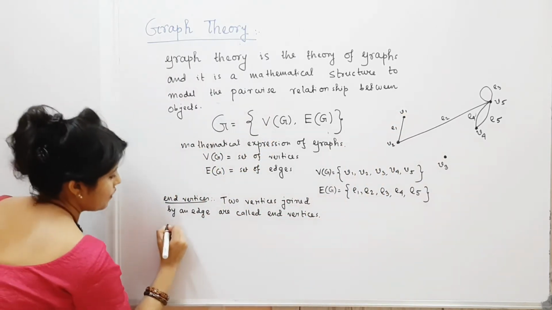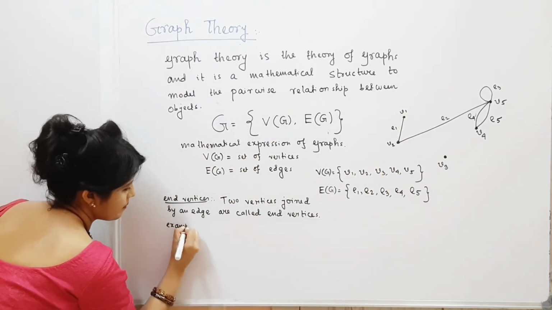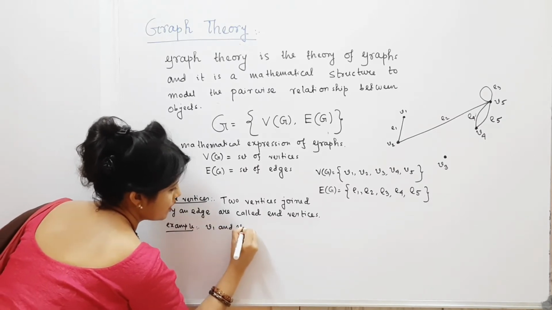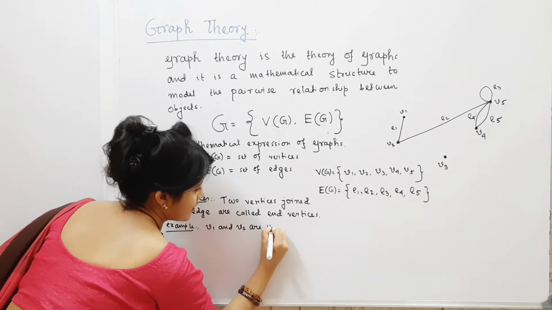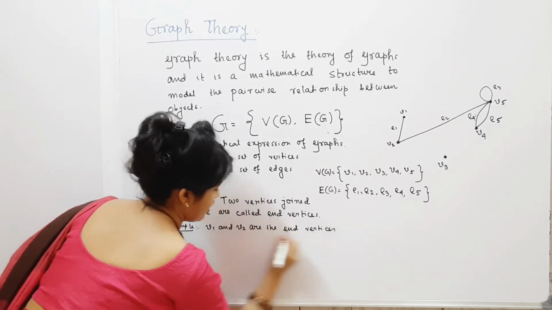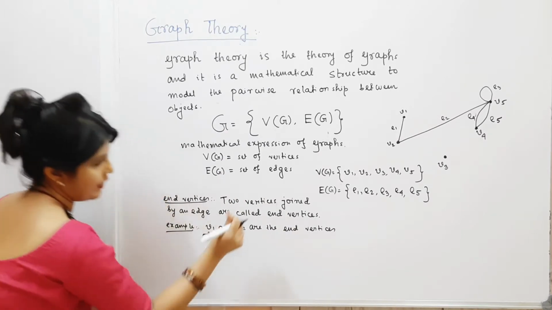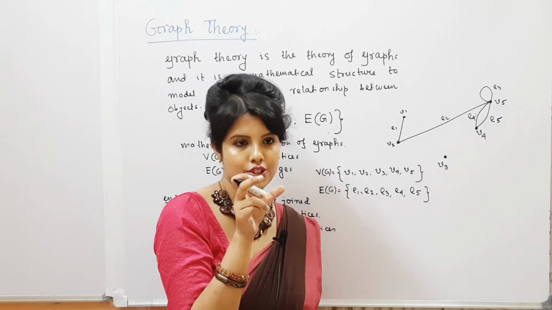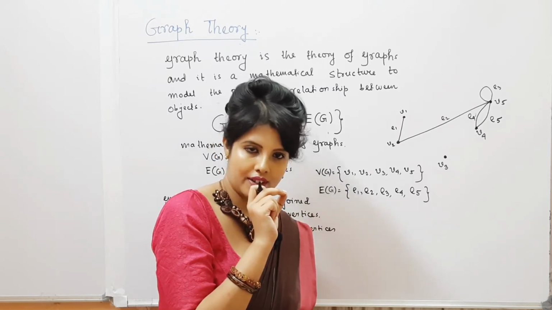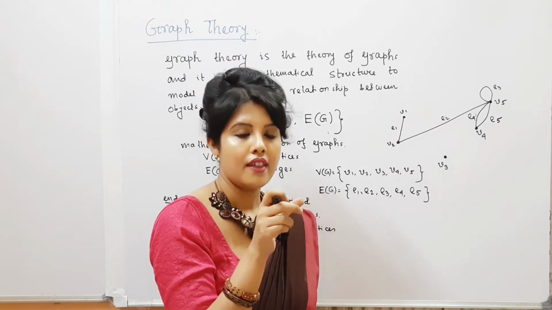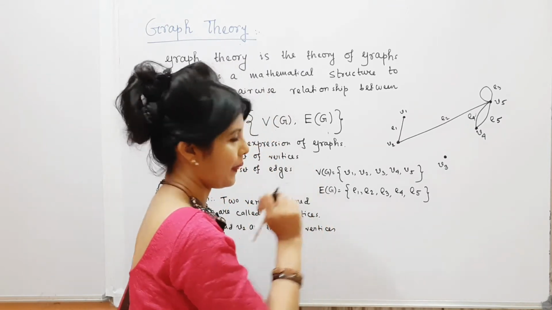So what is the example? V1 and V2 are the end vertices of the edge E1, because if there is an edge, there should be a starting vertex and an ending vertex, and these two vertices are called the end vertices of the edge.